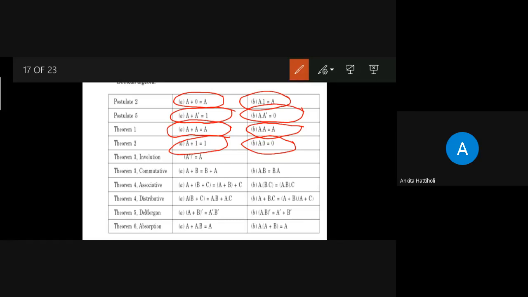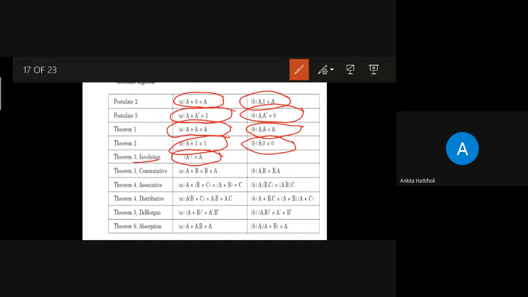These are the basic four laws. Then we have a double negation law where A double bar is equal to A. This is double negation, also called the involution law.